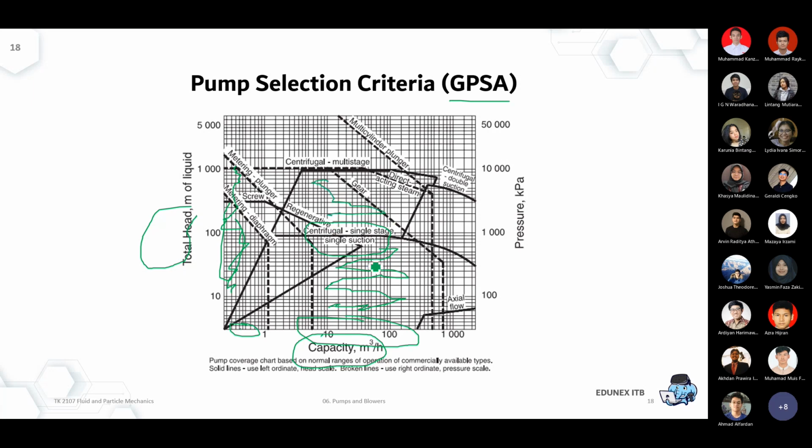Okay, so a single stage centrifugal would be enough if your pressure differential is between 0 and 1000 meters, because that's the boundary between the single stage and the multi-stage. 1000 meter is very big. Let's imagine 1000 meter means 100 bar, that's close to 100 bar.